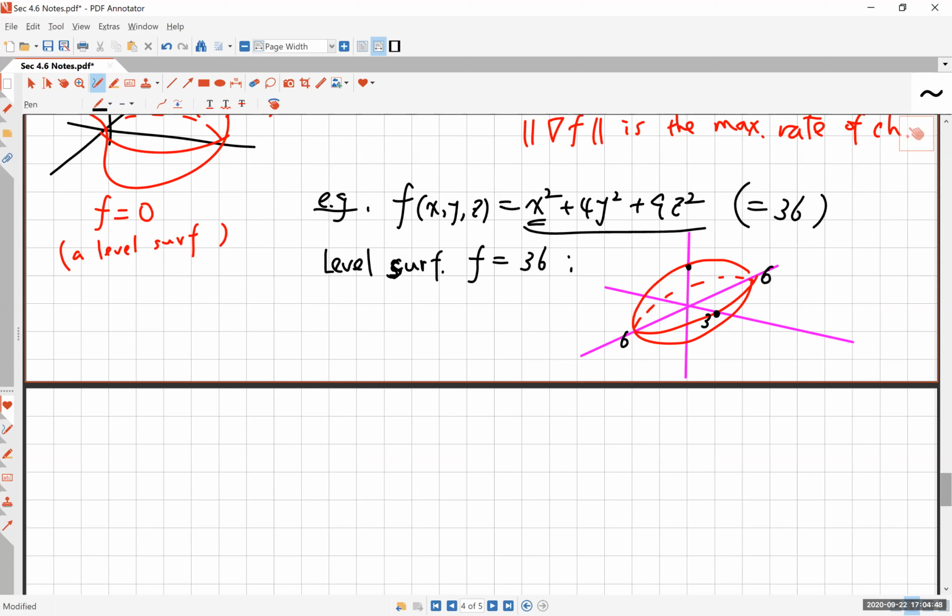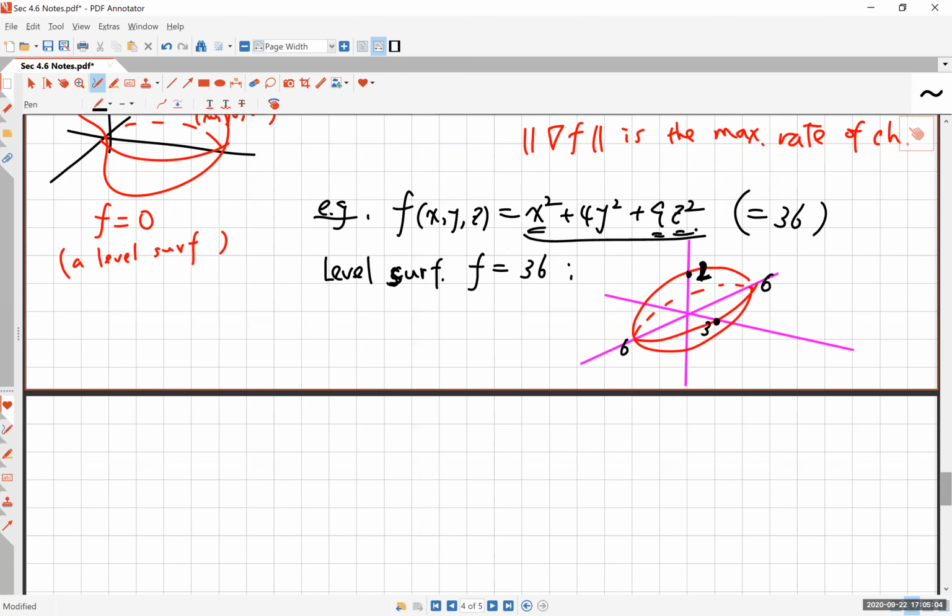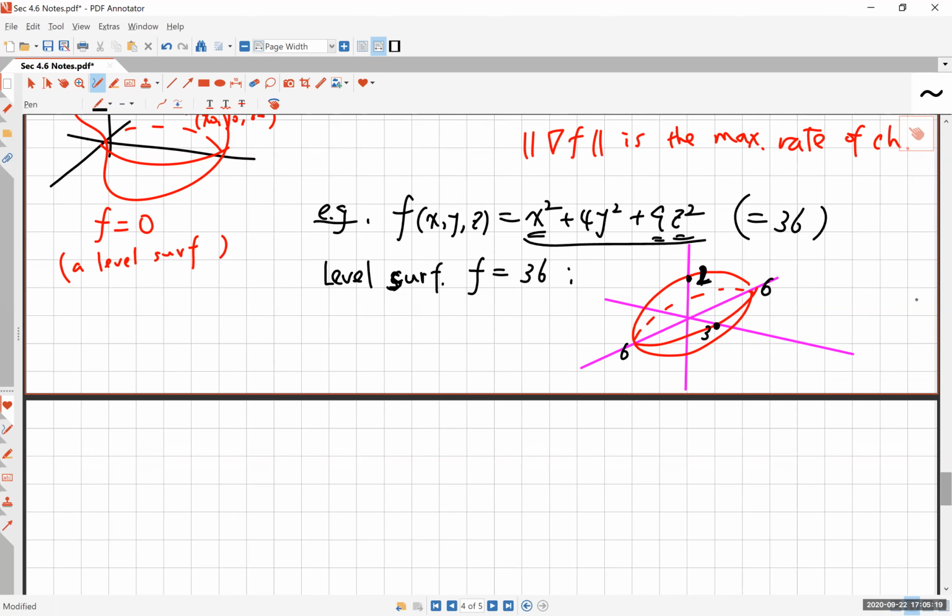And then the top point here is 1, if z is equal to 1, and so the point 0, 0, 1, for instance, is not in here. This is supposed to be 2, isn't it? Yeah, 2, because 9 times 2 squared is 36, right? So this is sort of a football. That is the level surface, not the graph of the function, which is impossible to graph, but it's a level surface where f is equal to 36, right?